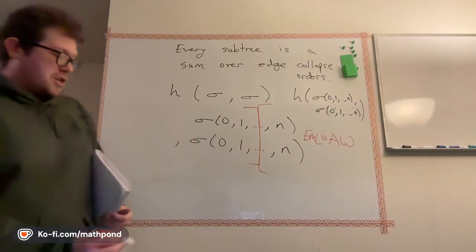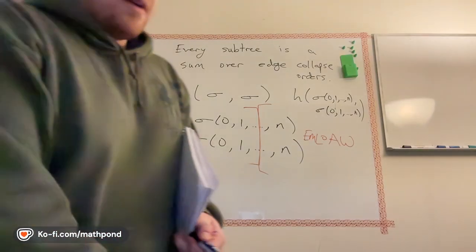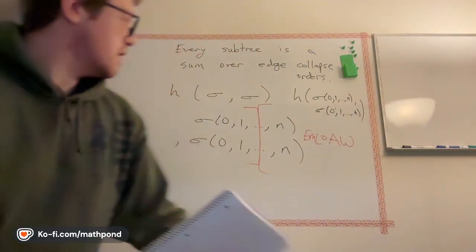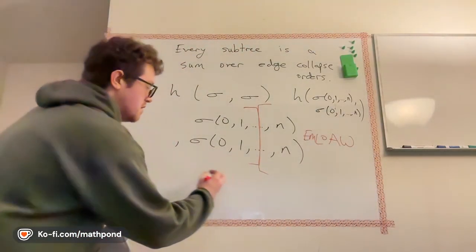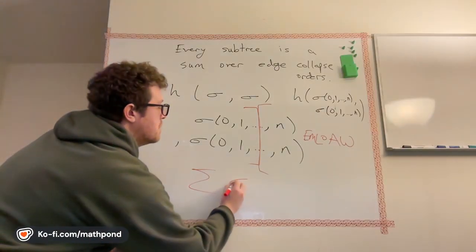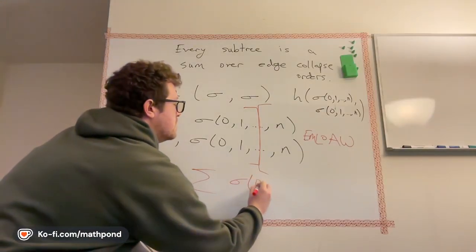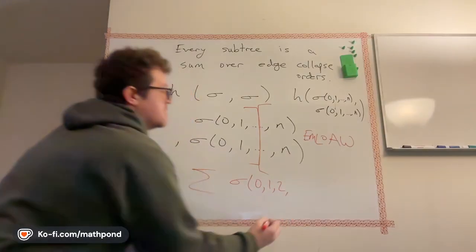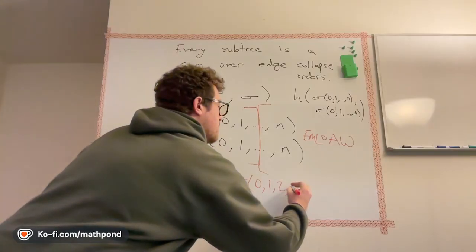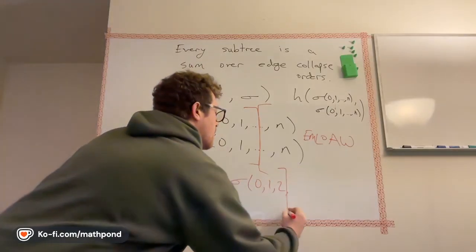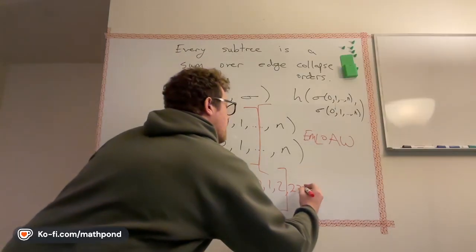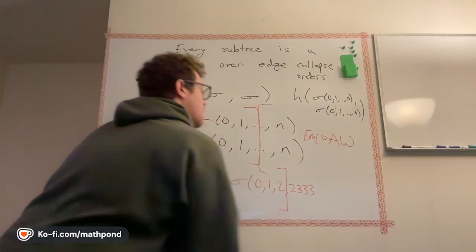So we're going to get a bunch of terms, and at the end of the day, I don't want to write out the full sum, but let me just write out what the terms look like. Something like sigma 0, 1, 2. Let's just say I is 2, so I stop at 2. Let's say it goes 2, 2, 3, 3, 3.